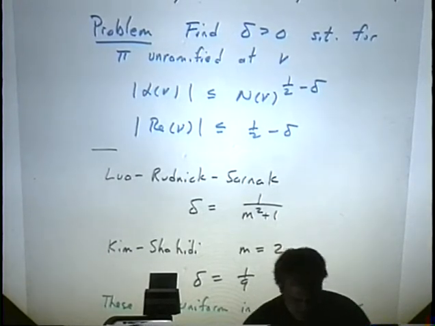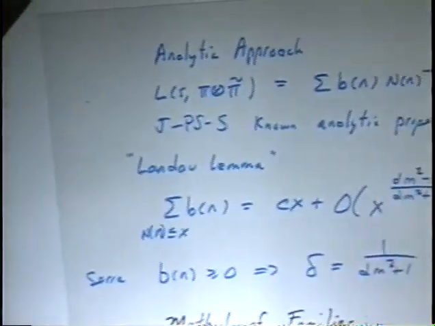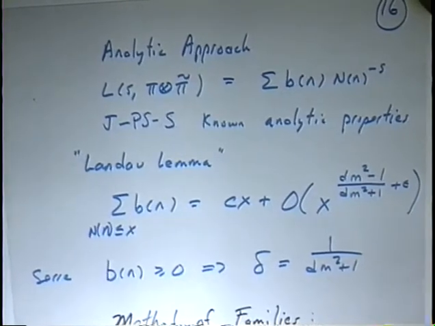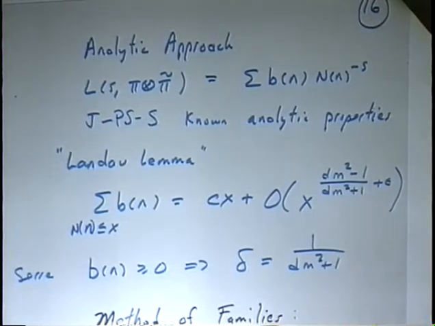In fact, to nail this down, let me point out that the straightforward analytic approach to getting estimates is to use the Dirichlet series part of the L-function directly. For the Rankin-Selberg, this is the usual way to go, because the coefficients are non-negative. So if I take the Rankin-Selberg L-function, thanks to Jacquet, Piatetski-Shapiro, and Shalika, it has known analytic properties.